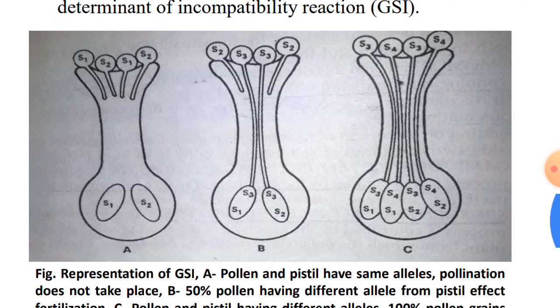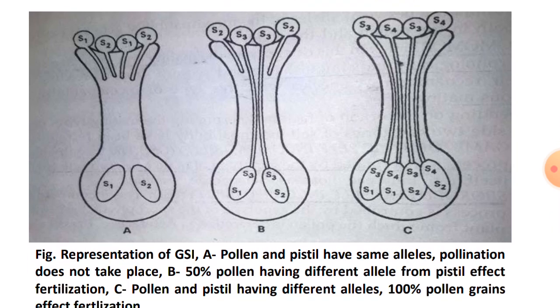In figure B, the male parent has genotype S2, S3. That's why, of the pollen grains formed, 50% will have the S2 allele and 50% will have the S3 allele.